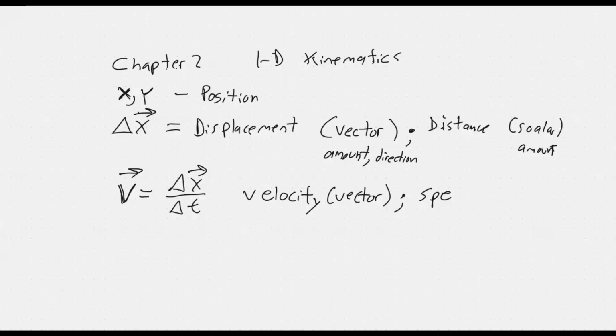And then finally, you can have an acceleration, which has the same type of relation to velocity as velocity does to displacement. That is, acceleration is defined as a change in velocity divided by a change in time, which is also a vector quantity. You'll notice that hidden, tucked away in these things, is an implicit understanding of time.